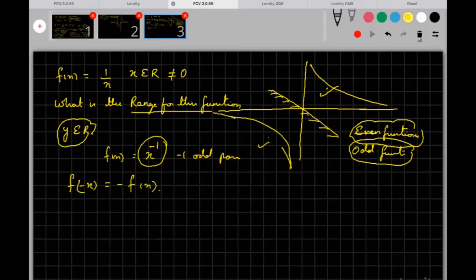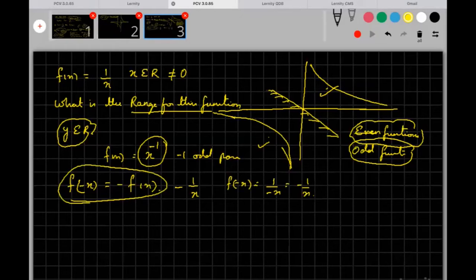For example, if I have 1 by x, f of minus x is 1 by minus x, so that is minus 1 by x. Then f of x is 1 by x, so that is minus. If this relation is true, then it is an odd function. If f of minus x is equal to f of x, then it's an even function.